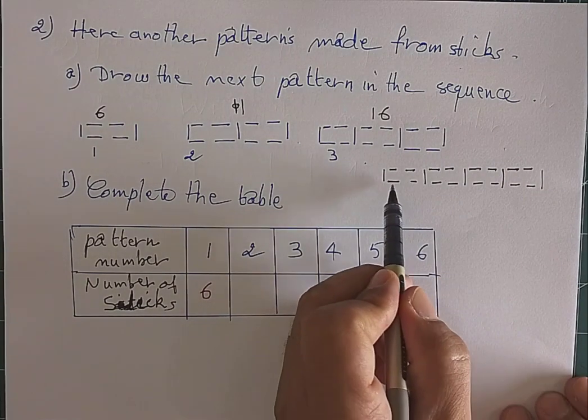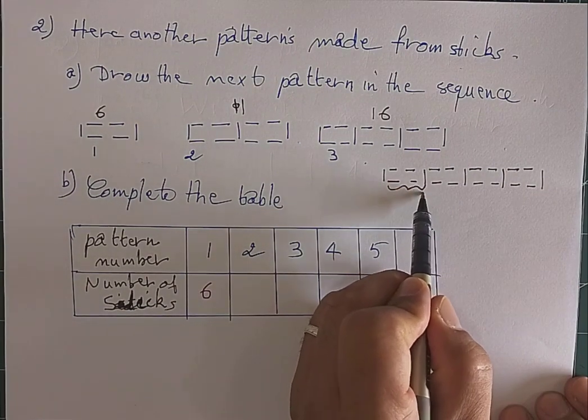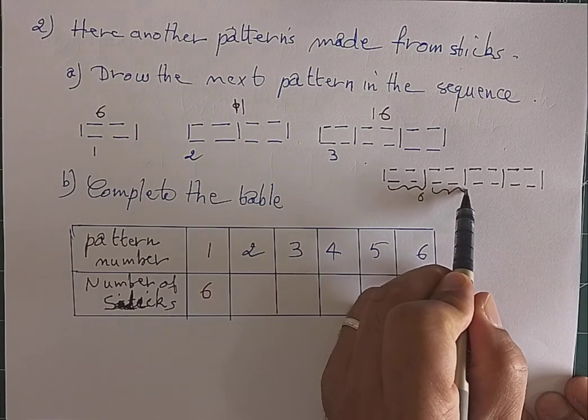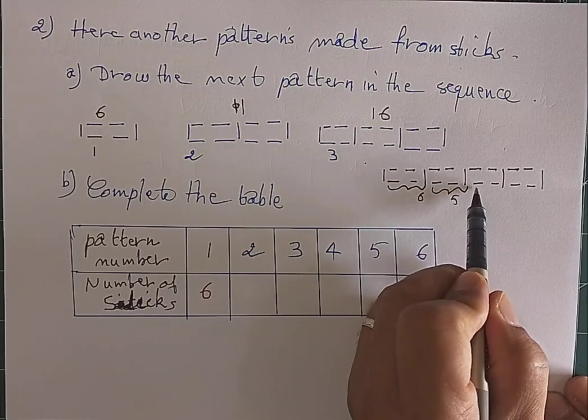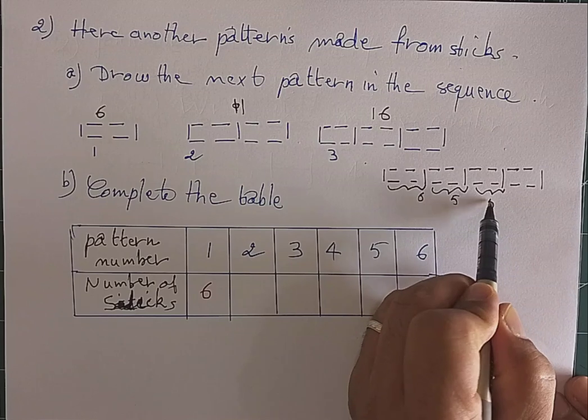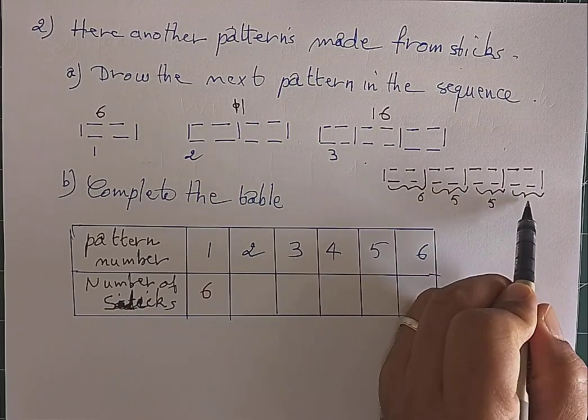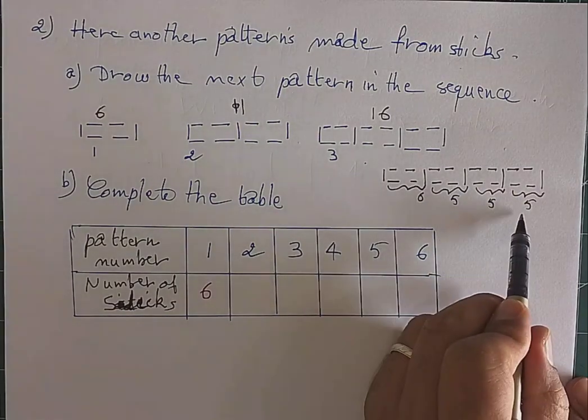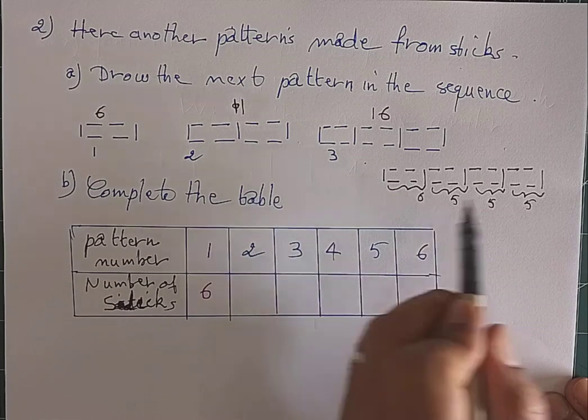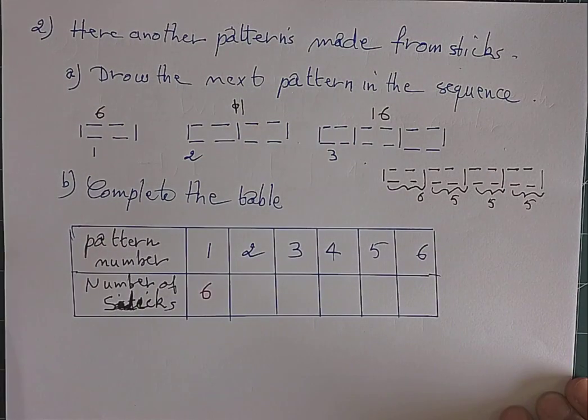So the first one is 6, then add 5, 5, and 5. 15 plus 6 is 21. Here we have 21.